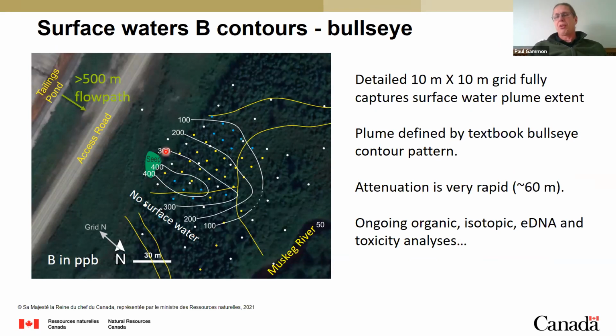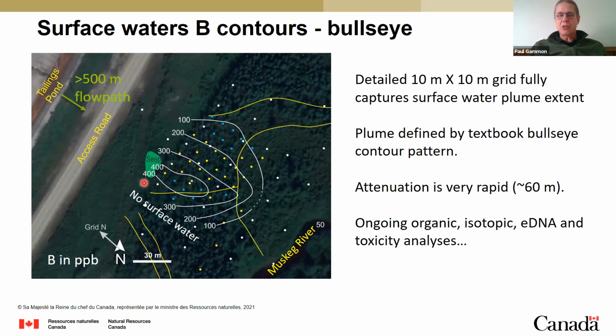It's almost a textbook bullseye pattern. And there's really only one source of boron in here, and that's the tailings pond. There's no other source. The background levels are 20 to 50. So 400 is elevated, and the tailings pond is around 2000.